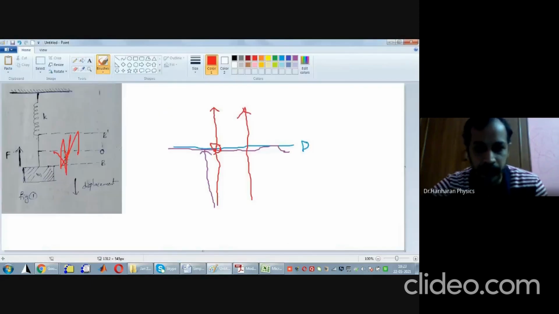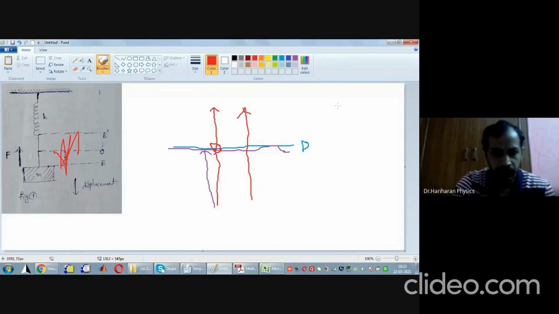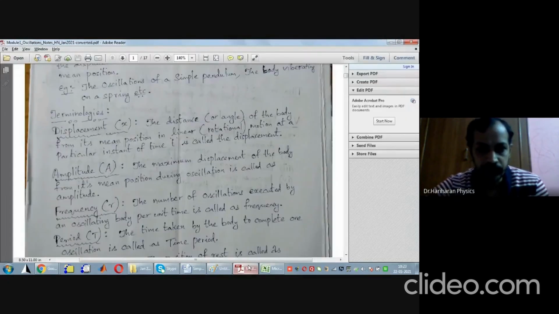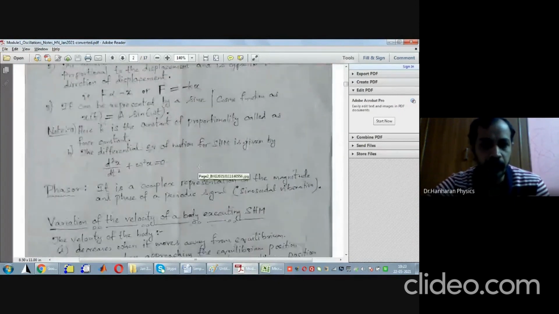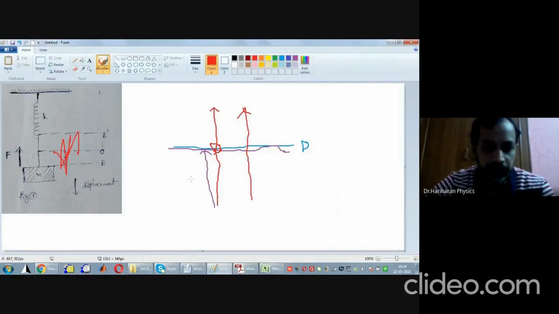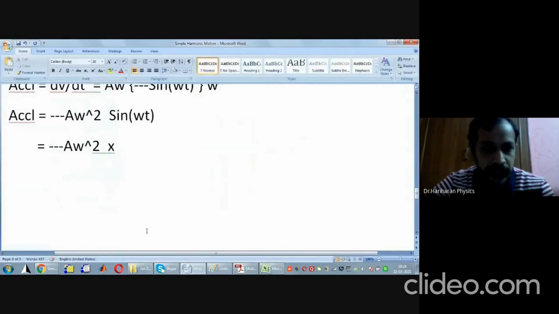Can you see in my notes here? So what is the equation for simple harmonic motion given by? Acceleration is equal to minus omega square times x. Can you see here?